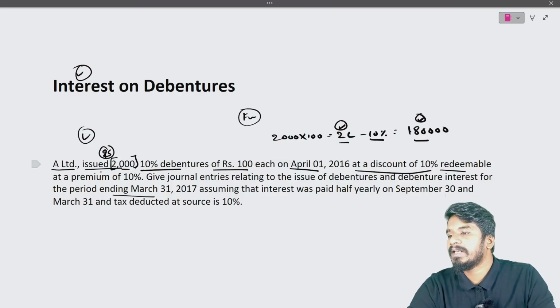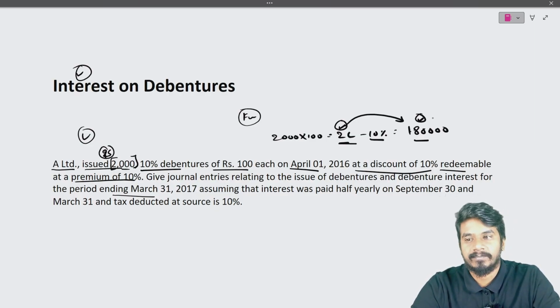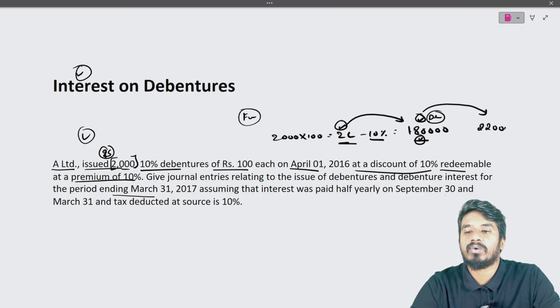So redeemable at a premium of 10%, which means 2 lakh rupees worth of debentures they are issuing at 1 lakh 80,000. While purchasing, the debenture holders will pay 1 lakh 80,000, but while returning it to the debenture holders, they need to return 2 lakh 20,000, that is 2 lakh rupees plus 10%.